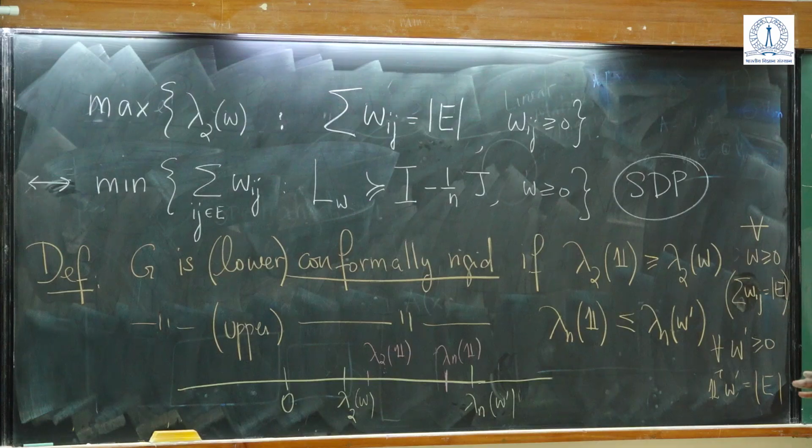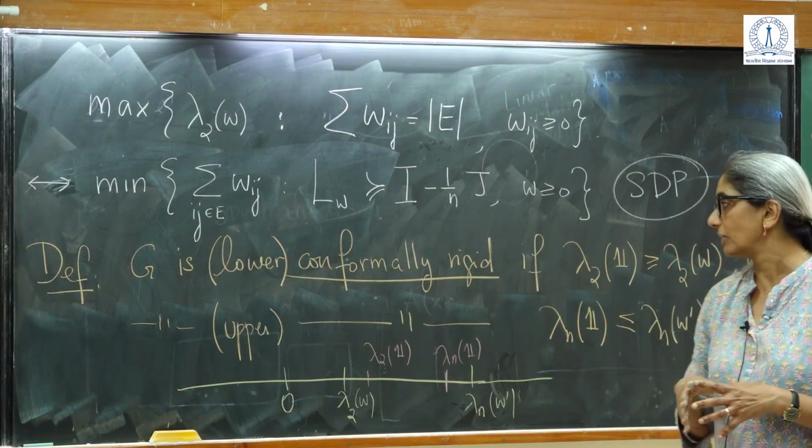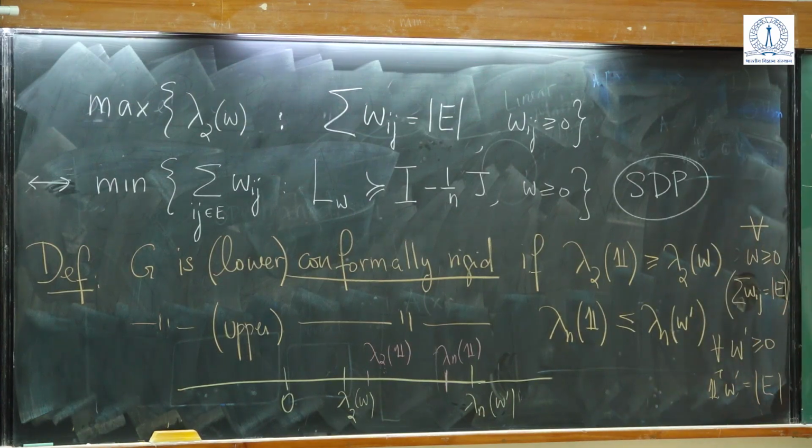So it's a continuous thing. And then people would like to know, if you blow some parts up and blow down some parts, if you change the shape, so you keep the metric the same, then when is the second eigenvalue maximized and the top eigenvalue minimized? Okay, there's no top eigenvalue sometimes, but the second one.